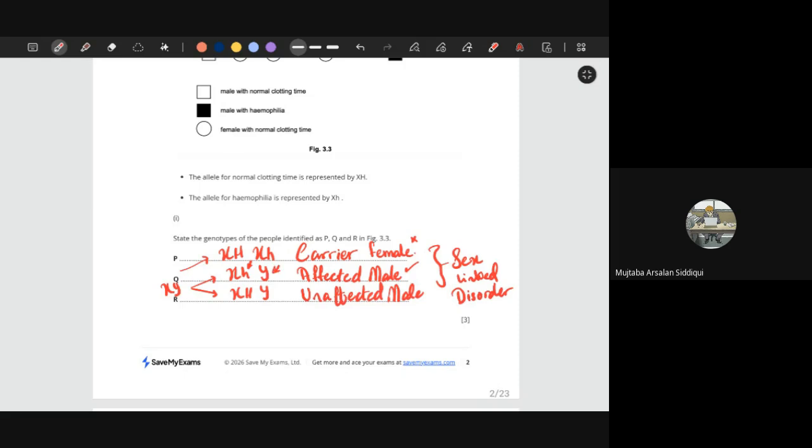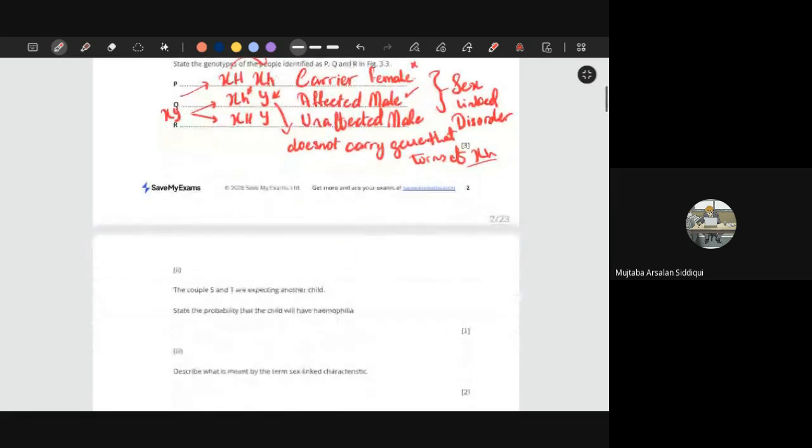Because the Y chromosome does not carry the gene which will turn off XH. Does that make sense? Yeah. Right? Here, this is canceling out XH. Exactly. Make sense?